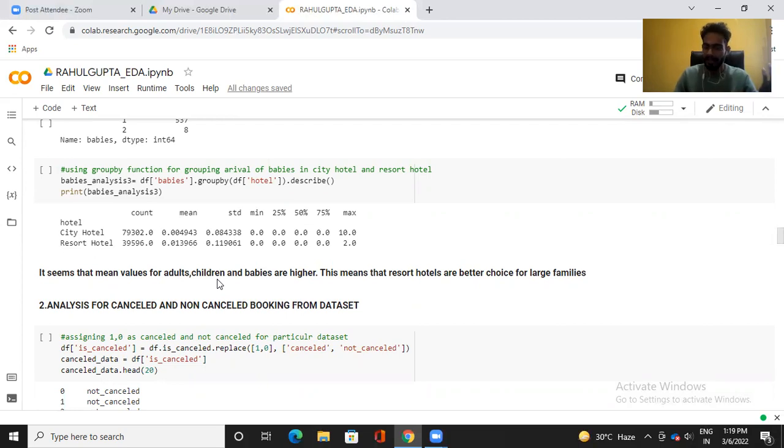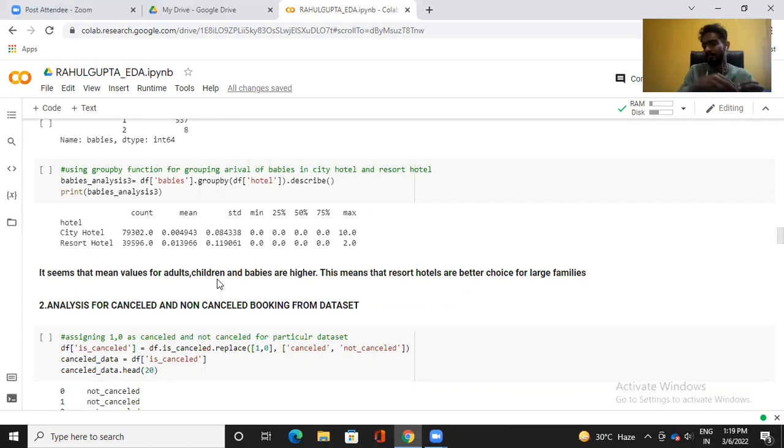In my mind, I thought that if I do this type of analysis, then if any hotel wants to do something for a particular type of guest, they will focus on larger families.